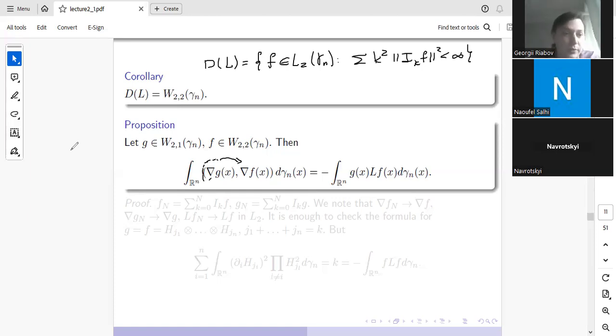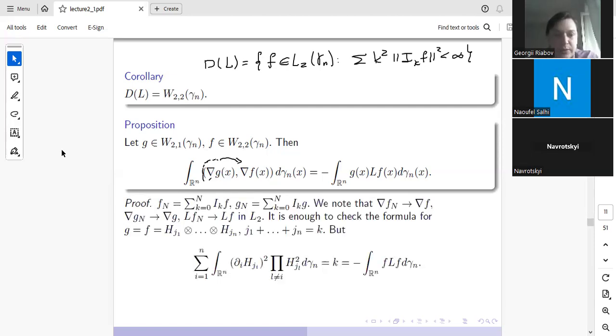Well, it can be shown relatively simply because we already know quite a lot about Sobolev spaces.